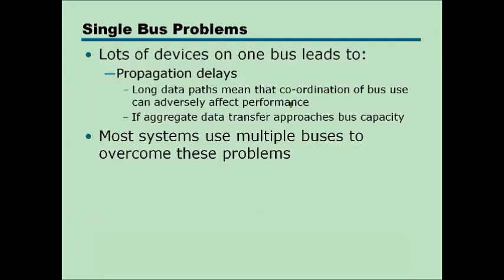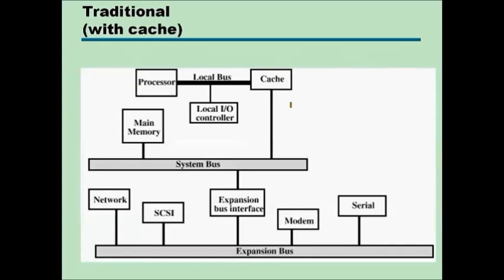Single bus problems: lots of devices on one bus leads to propagation delays. So most systems use multiple buses to overcome these problems. This is the traditional architecture with cache. We have the local bus, the system bus, and the expansion bus.